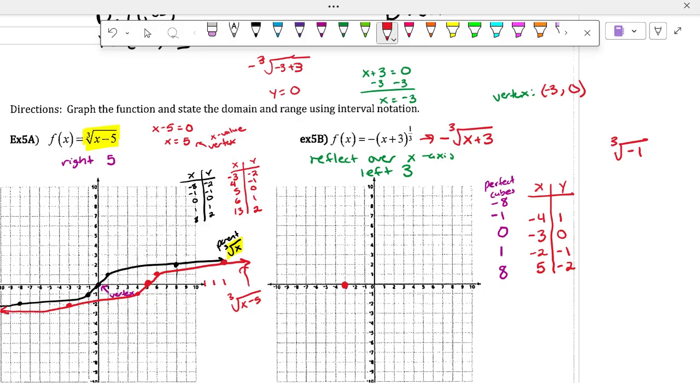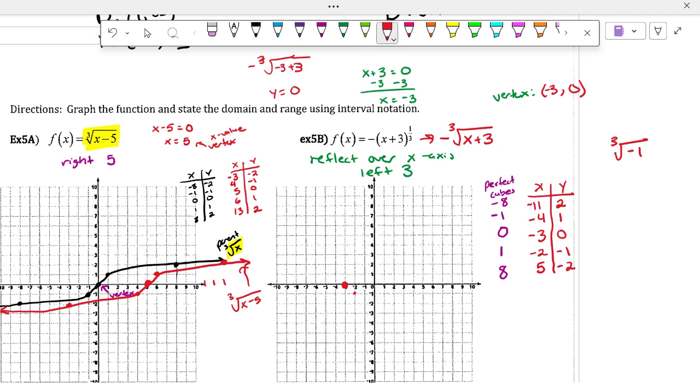What can I plug in for x that would give me -8 under the radical? -11. Plug that in. -11 plus 3 is -8. Cube root of -8 is -2 times the negative is what? 2.